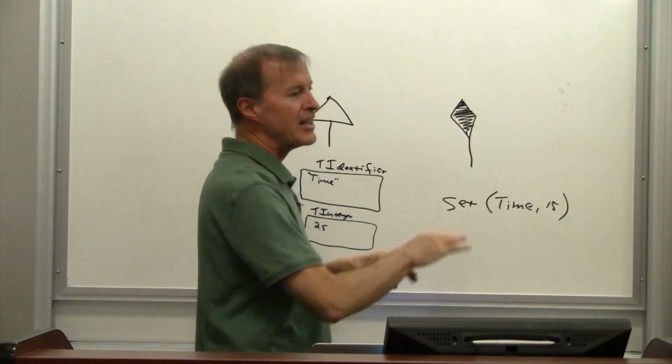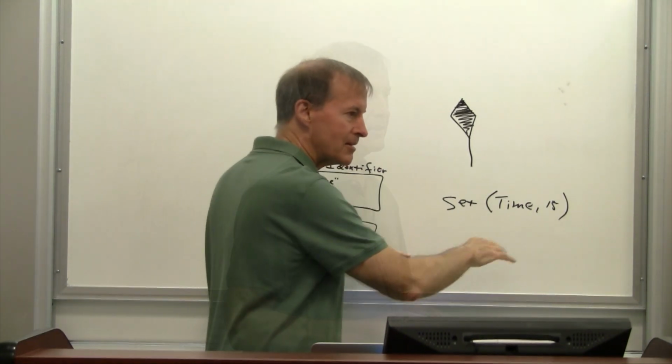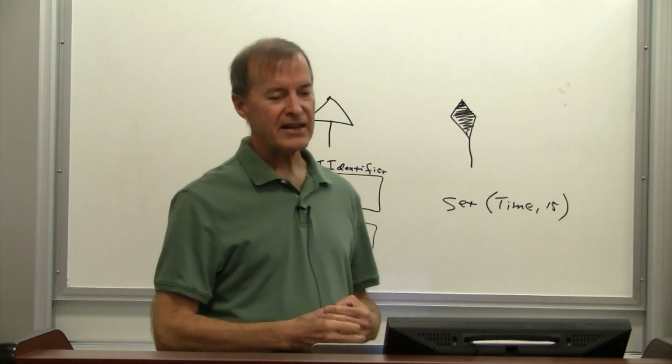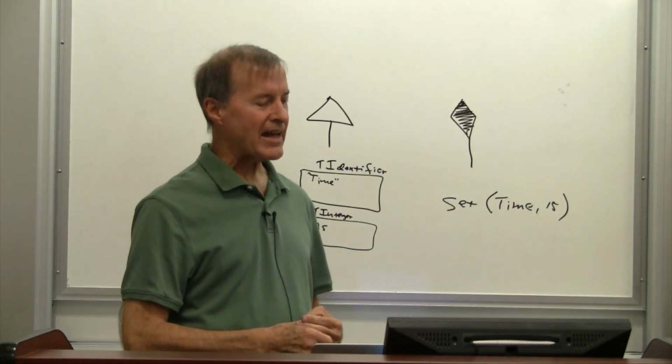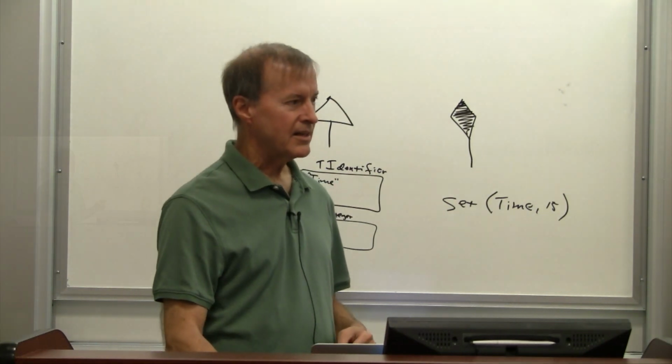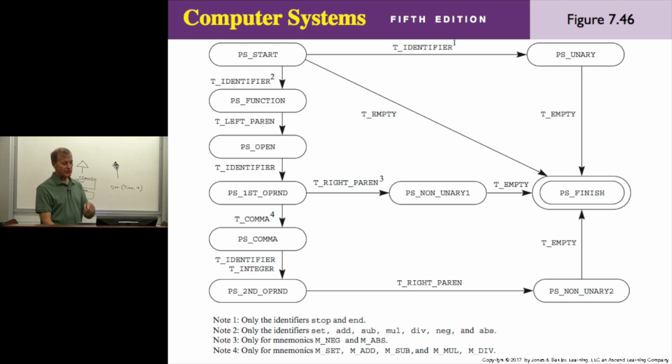As you create the listing, yes, that is absolutely correct, and that in fact is what figure 7.46 does. Figure 7.46 is the finite state machine for the parser. That finite state machine does what you just said.